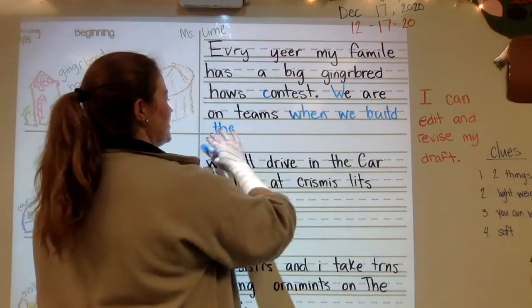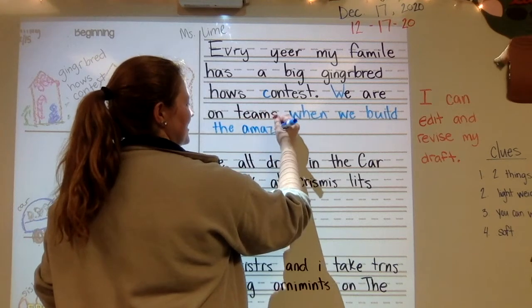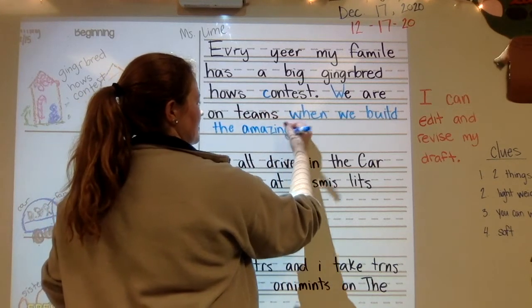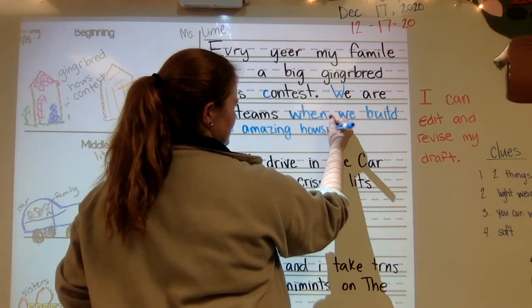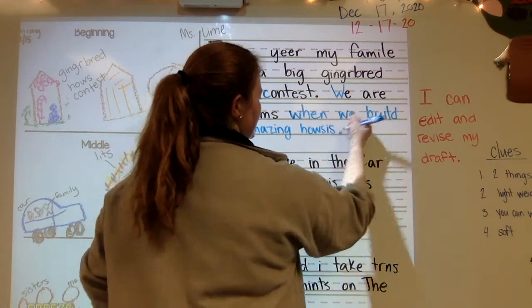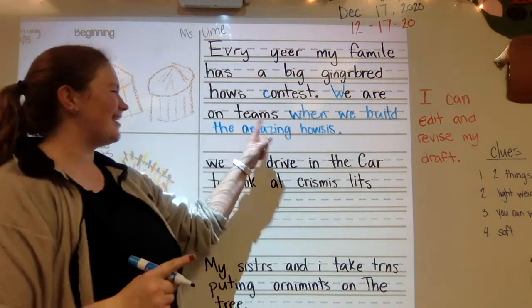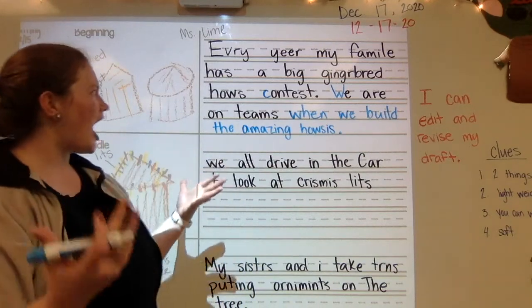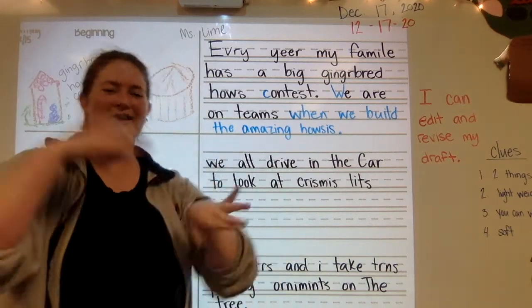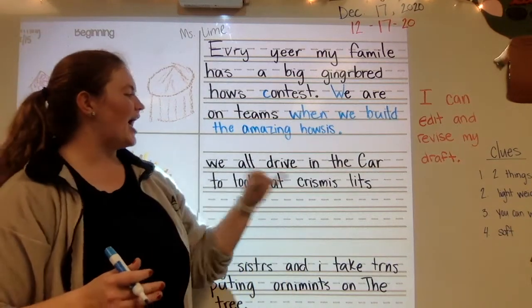We are on teams when we build the amazing houses, period, because it is the end of a sentence. Oh, that makes way more sense. We are on teams when we build the amazing houses. I think that sounds really good. Okay, let me go to my next one. We all drive in the car to look at Christmas lights.